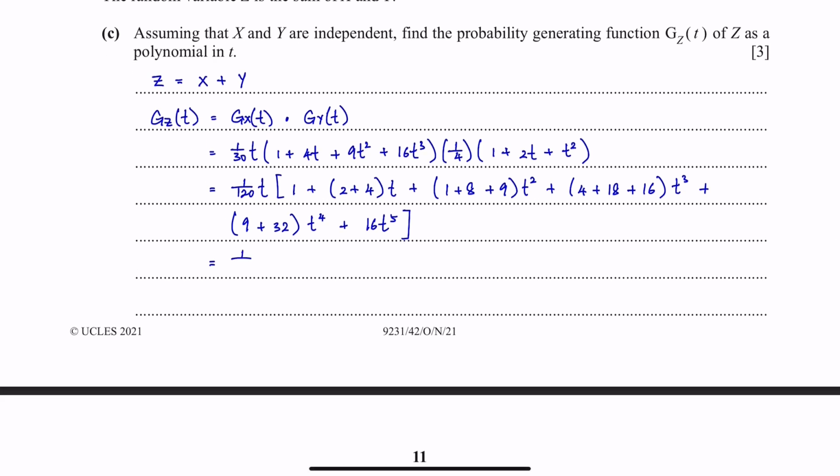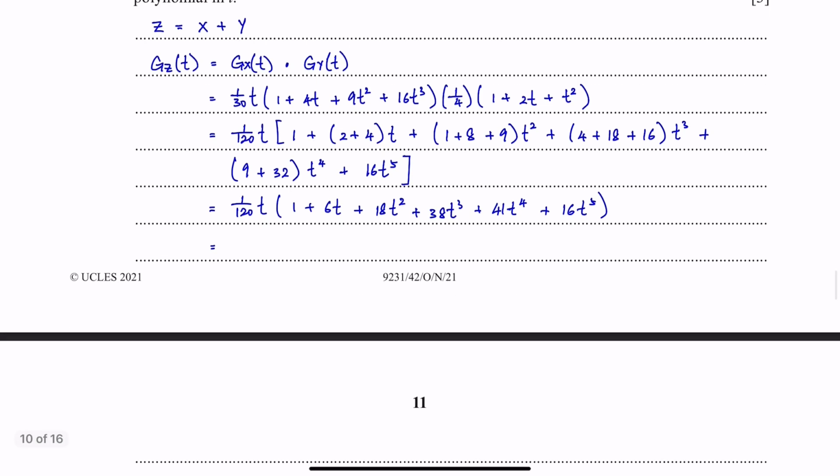So now we have 1 over 120 t times 1 plus 6t plus 18t squared plus 38t cubed plus 41t to the 4 plus 16t to the 5. So they want a polynomial in t. So let's expand the bracket.